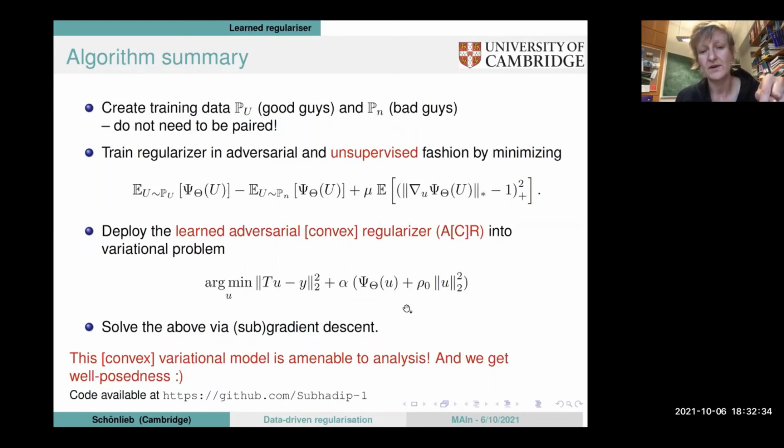If some of you know about generative adversarial networks, you use your variational problem as a generator that challenges the discriminator, which is represented here with this loss function. So you could think of it somehow like this.